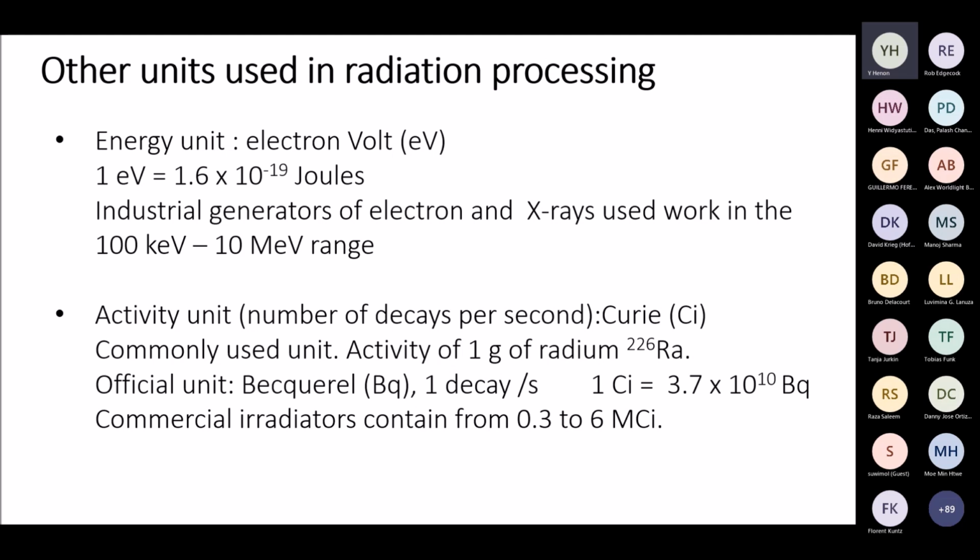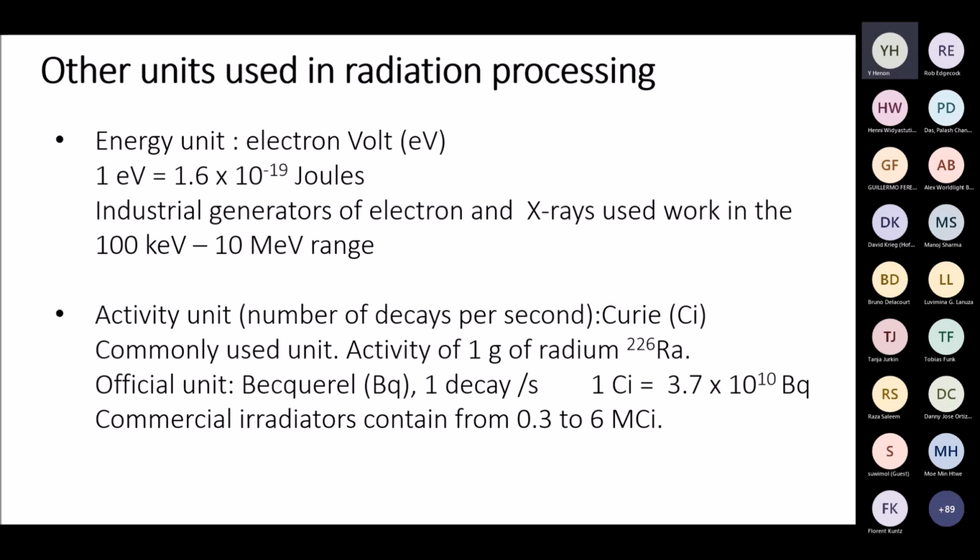And if you see an electron volt, it's a very small quantity of joules. So most of the accelerators used in the industry will work in the range of 100 keV or 0.1 million electron volt to 10 million electron volt.